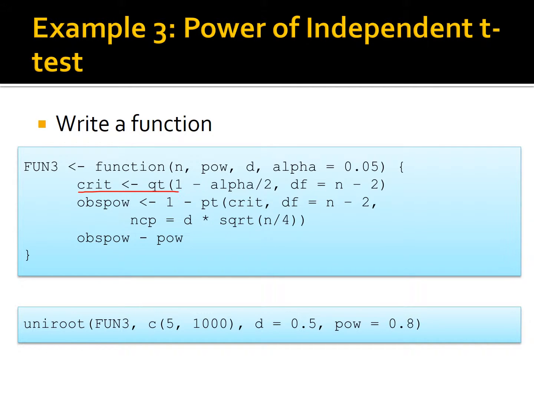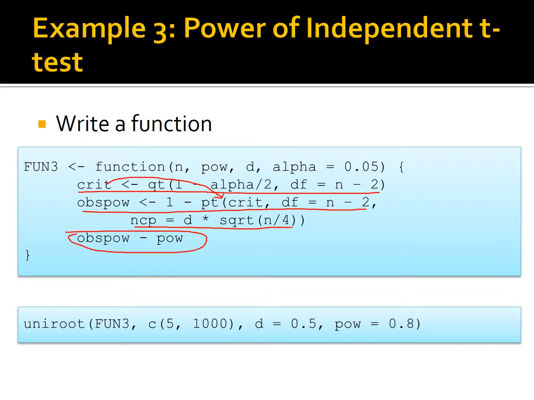I have first the critical value over here, and this critical value will be used to find the observed power over here. Then I get the observed power minus the desired power, and I want to make this subtraction to be 0 so that I can increase the sample size in the function over here to get the desired power.